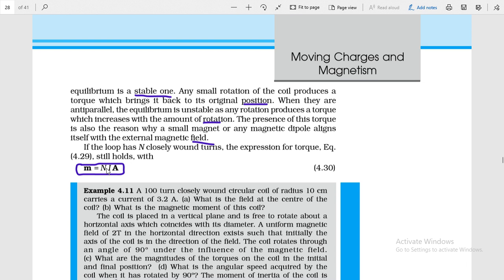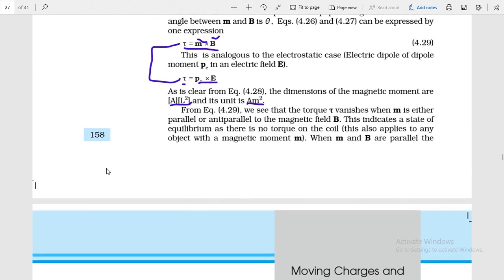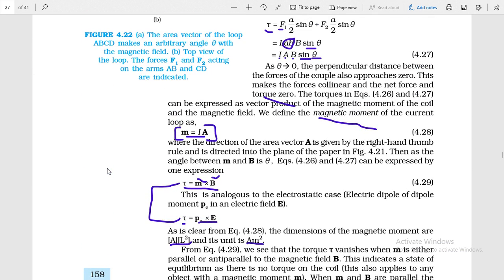I hope you understand the concept of magnetic torque and how it is very analogous to the result obtained in electrostatics for electric dipole moment. You must remember the most important point here, and that is the magnetic moment. The magnetic moment of a loop is defined as the product of current and the magnitude of the area, and it is directed along the direction of the area vector.